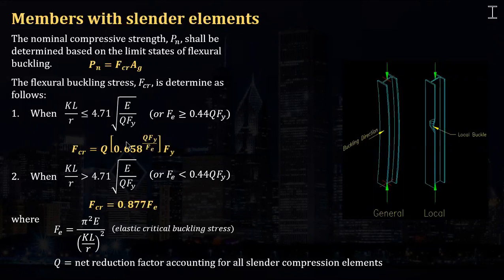There's Q here, and also the Fcr already has Q. So Q times 0.658 raised to QFy over Fe. And if KL over r exceeds this limiting value, then we're going to use the elastic buckling stress, 0.877 Fe. Now that Q is the net reduction factor accounting for all slender compression elements.